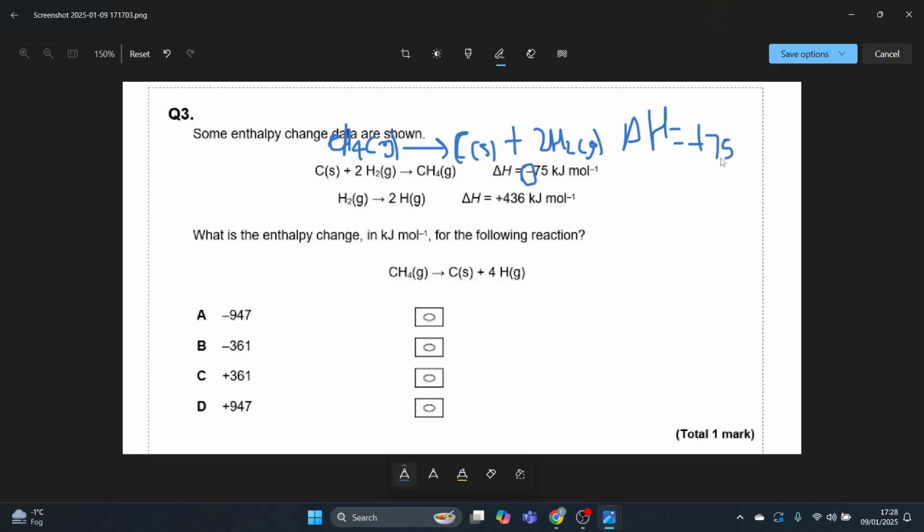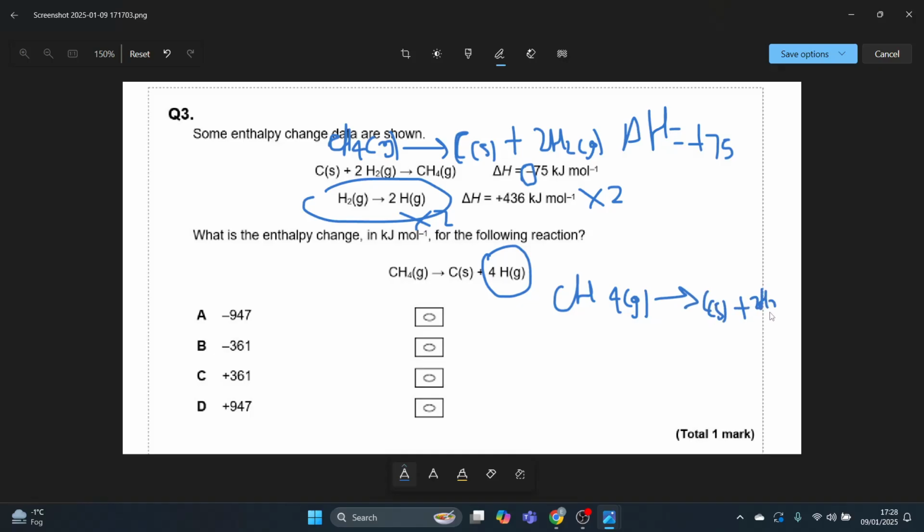75. Now we've done that, we need to modify reaction 2. We clearly want 4 H's here. We've only got 2 H's here, so we need to multiply reaction 2 by 2. So we need to multiply this by 2 as well. So we'll get CH4 gaseous arrow C solid plus 2H2 gaseous, and we'll also have 2H2 gaseous arrow 4H gaseous.